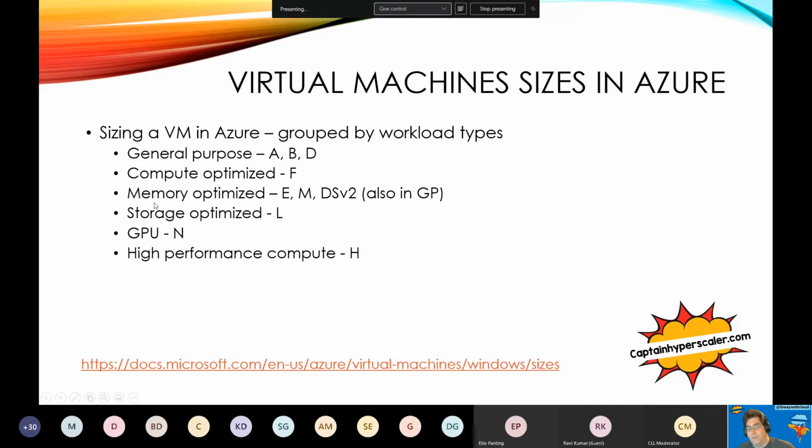In memory optimized, you do have the M, which makes it easier from a mnemonic memory kind of situation. And same thing with the high performance, you have the H, but it kind of gets confusing with the compute being F, storage being L, and GPU being N. It's a little harder there.